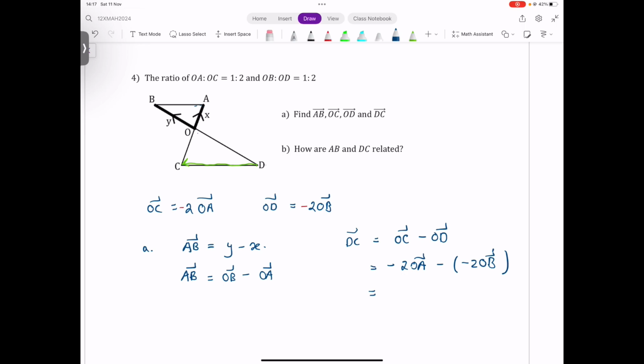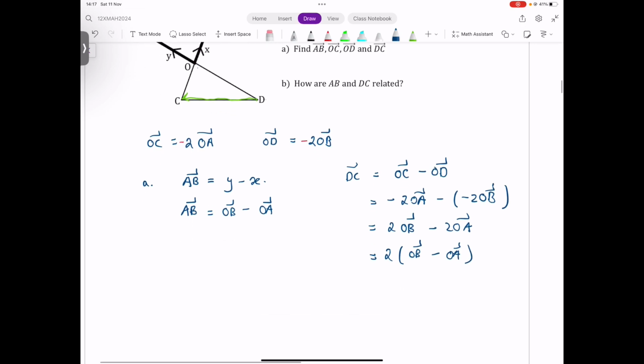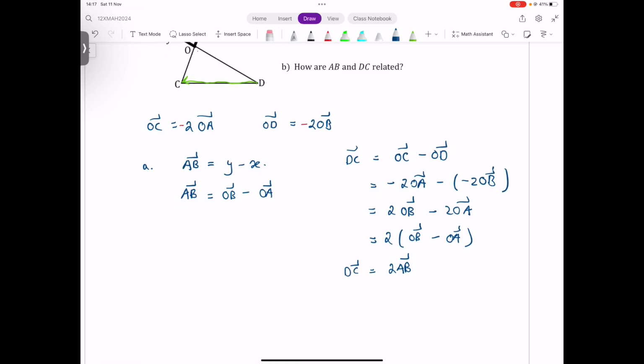So if we expand that, we're going to have 2 OB minus 2 OA, which is taking out a factor of 2, 2 times (OB minus OA). Now we've already figured out that OB minus OA is AB, so this is 2 times the vector AB. So DC is equal to 2AB. So that's what the question was asking us. How are AB and DC related? We'll say therefore DC is double AB. And we're done.